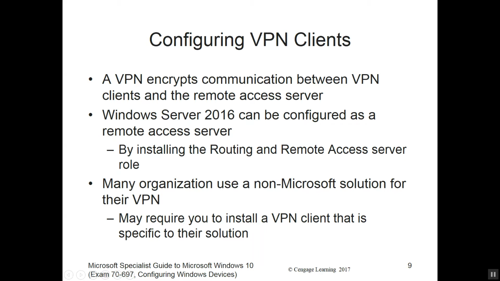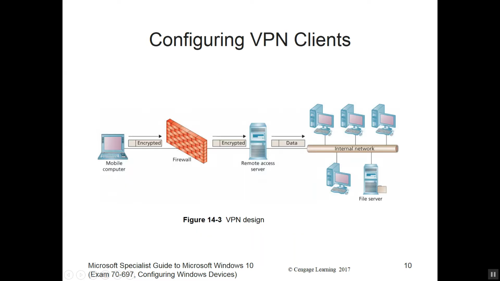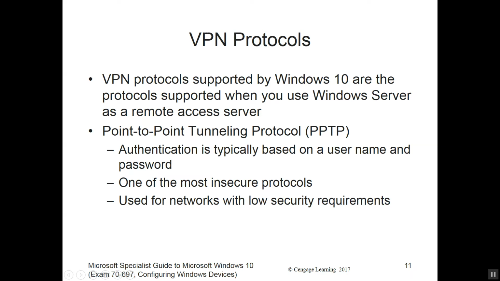It may require you to install a VPN client for that third-party software. Okay. So we've got that mobile computer, send an encrypted message, goes through the firewall, it's still encrypted, hits the remote access server, that data is sent to the internal network, and then it works its way right on back out to you.